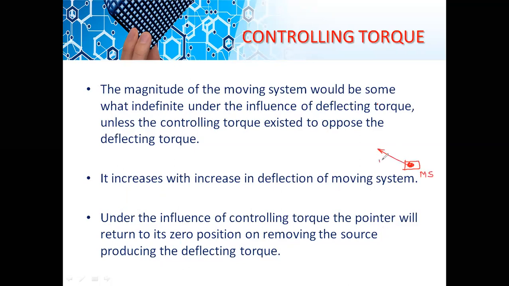This is the pointer, and say the calibrated scale is this. This is our display. And here say we have two terminals to connect the meter to the external circuit.